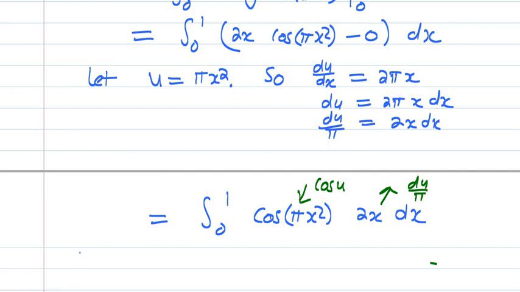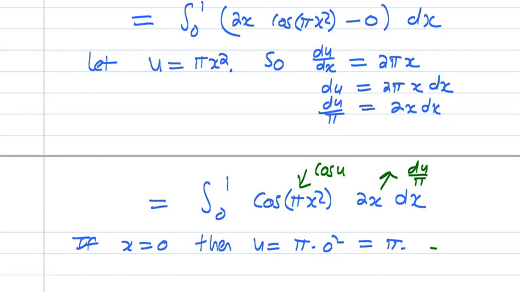So if x equals 0, then u equals pi times 0 squared, which is 0. If x equals 1, then u equals pi times 1 squared, which is pi.